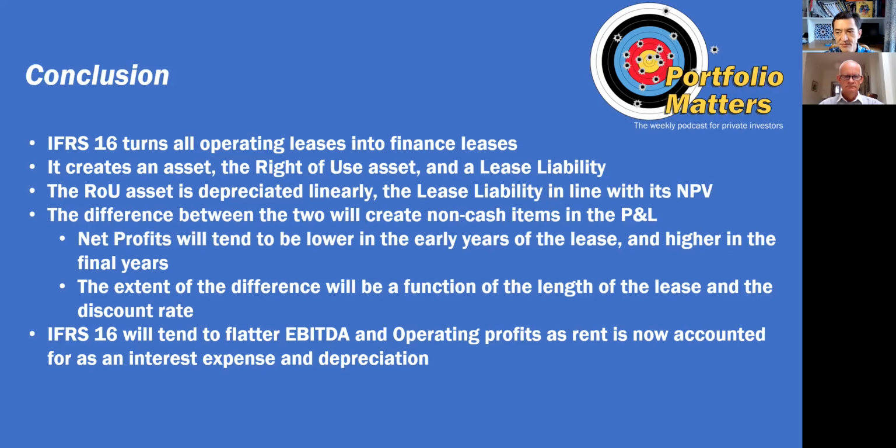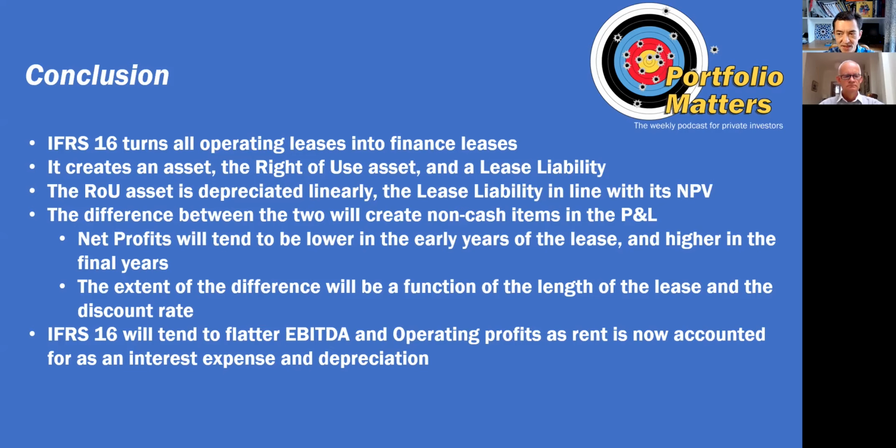But the right of use asset is depreciated linearly, and the lease liability falls in line with its net present value, which in turn is a function of the interest rate at which the company can borrow. And so over time, the value of the right of use asset and the lease liability deviate from one another, and that difference between the two must be put through the P&L account.